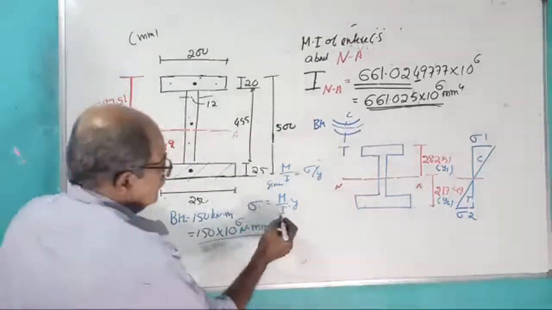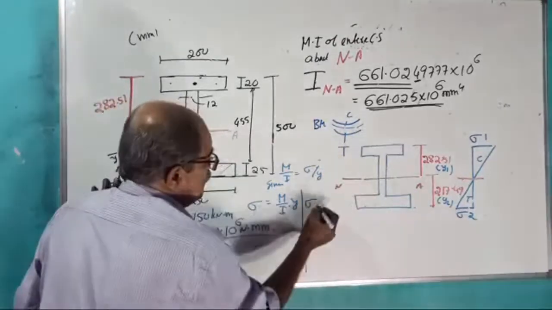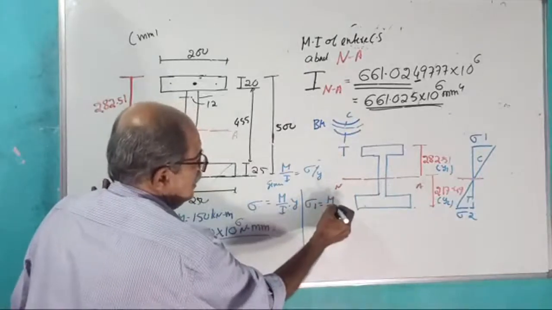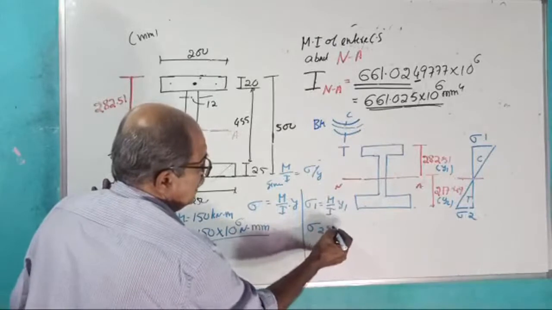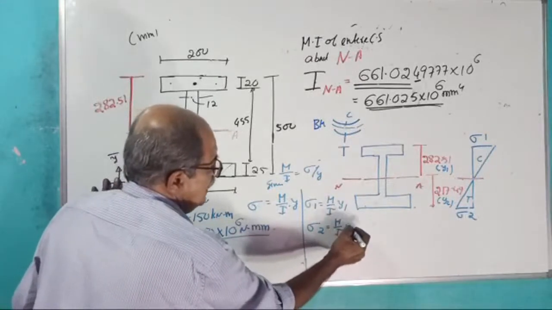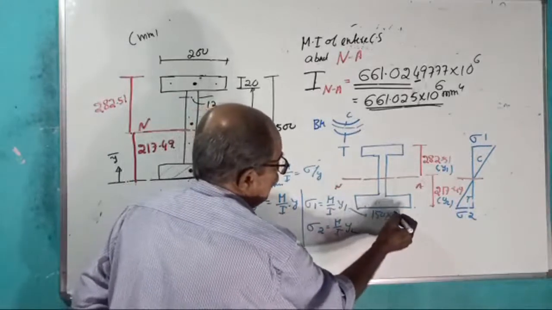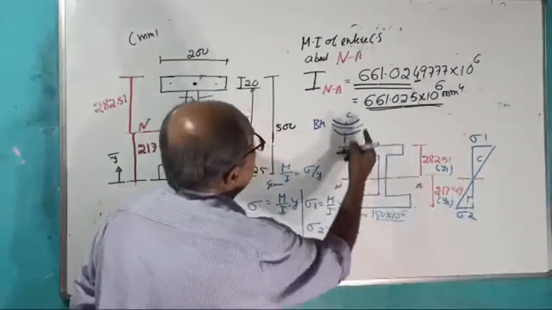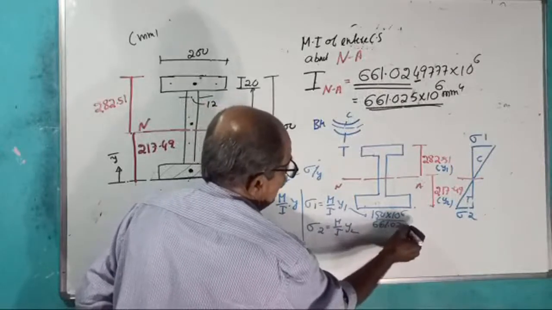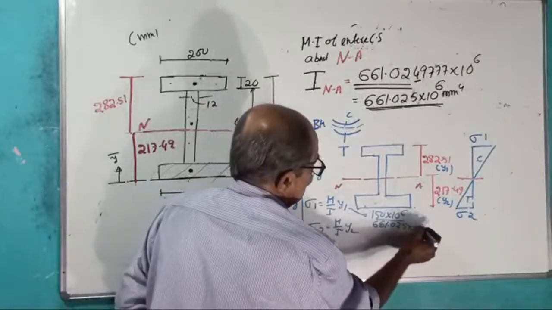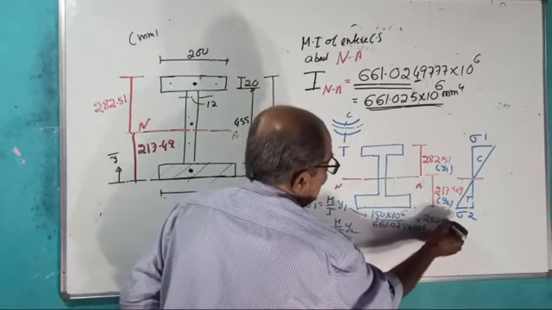Now in general, therefore, stress at the topmost fiber, sigma 1, equals M by I into Y1. Stress at the bottom fiber equals M by I into Y2. If I continue this: 150 into 10 to the power 6 divided by I, 661.025 into 10 to the power 6, into Y1, which is 282.51.